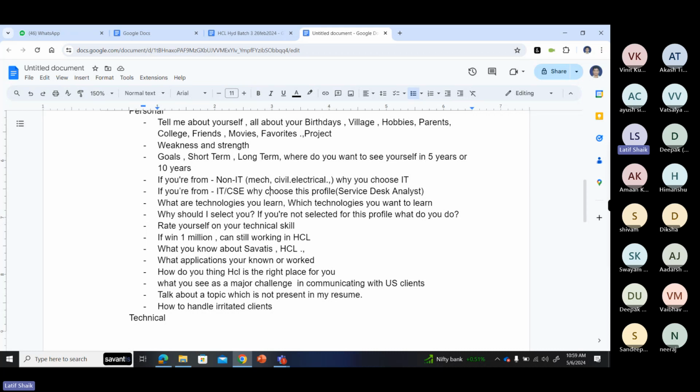And since you're from a CS/IT background, it is a good opportunity to get in as a service desk. We can get to know the different issues related to networking, servers, cloud, software and databases.